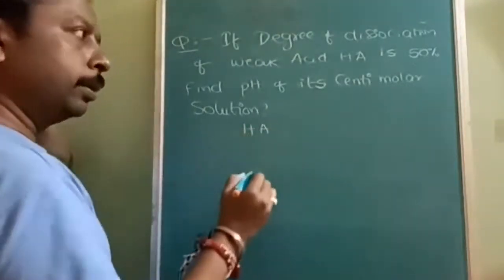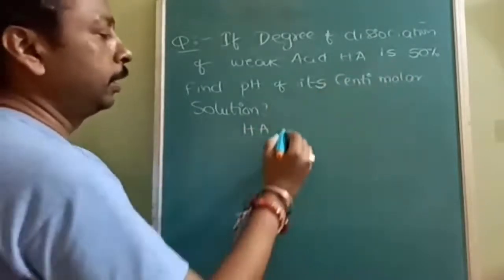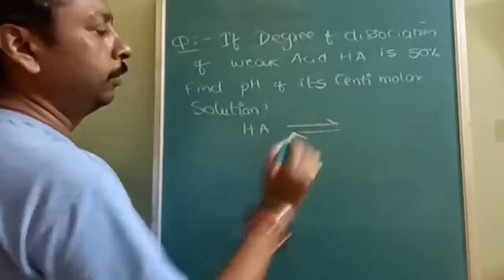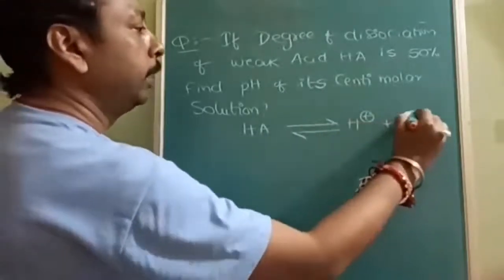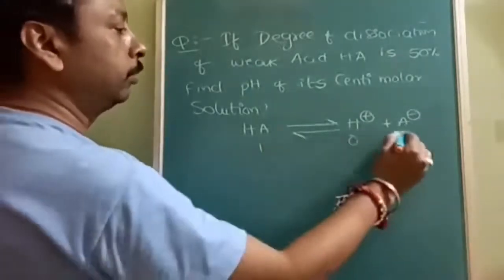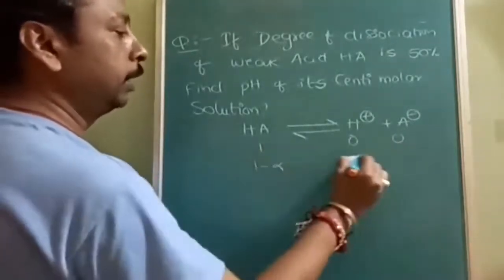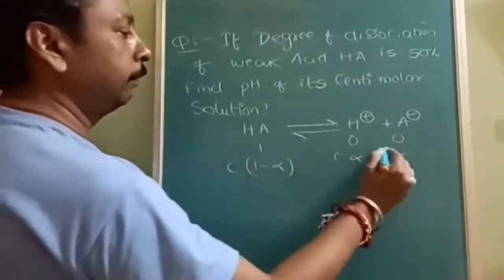HA, see here, degree of dissociation is not 100%. So we have to write reversible sign. H plus plus A minus. Okay, so this is 1, 0, 0. 1 minus alpha, alpha and alpha. But here concentration is C alpha, C alpha.